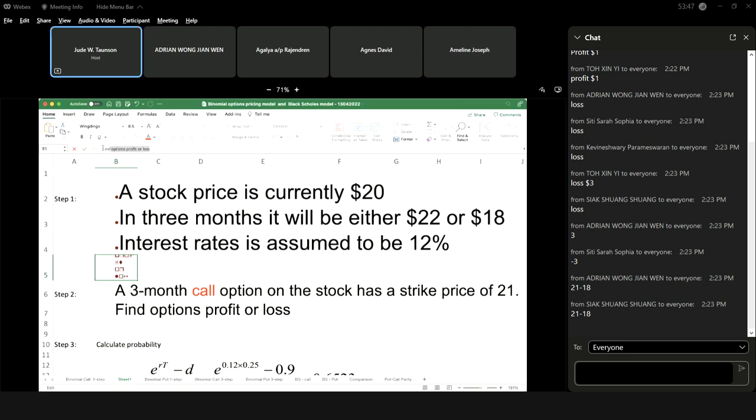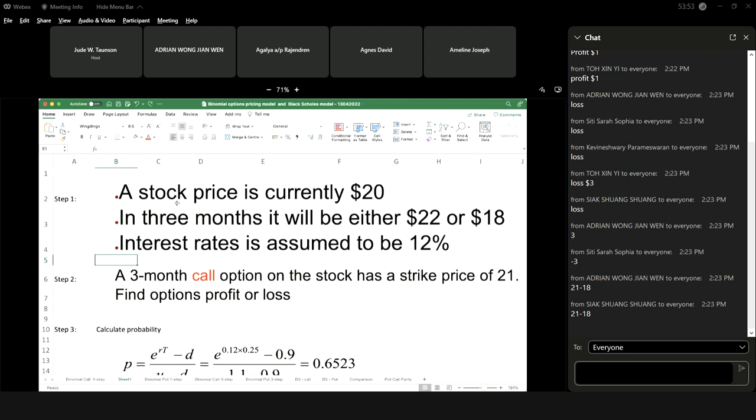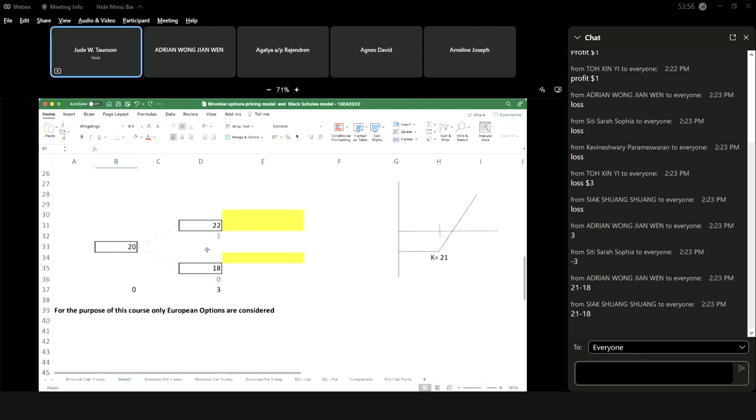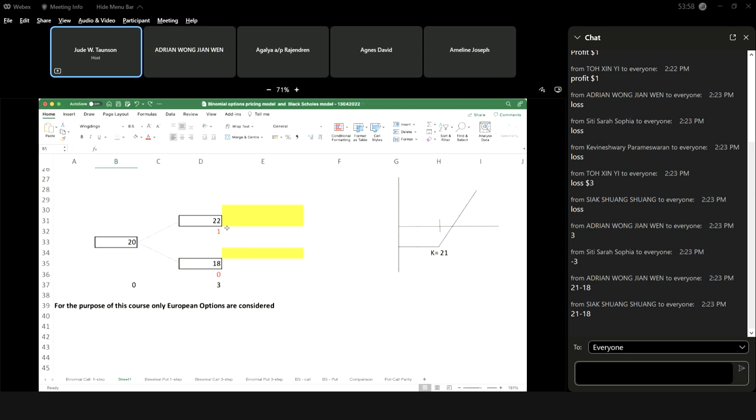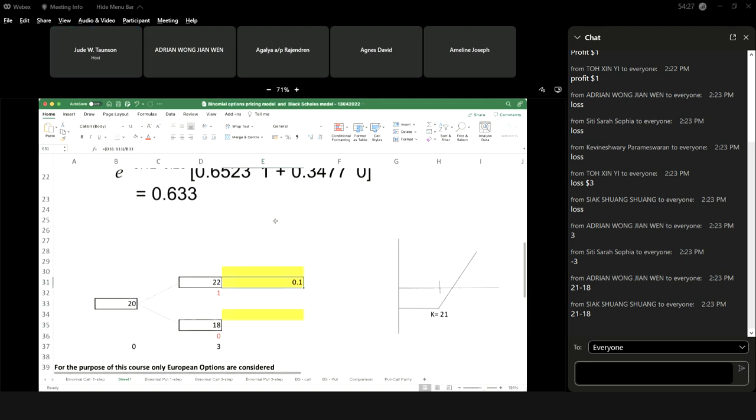We need to find U and D. This is how we find U and D. U is equal to the percentage change: today's price minus this one, divided by this one. Okay, 0.1.